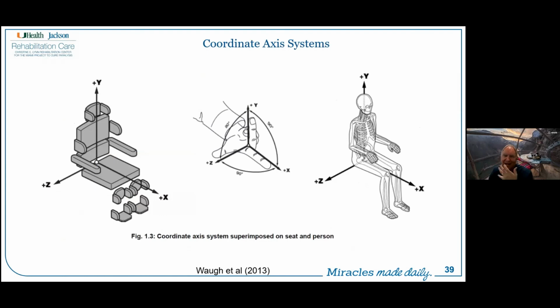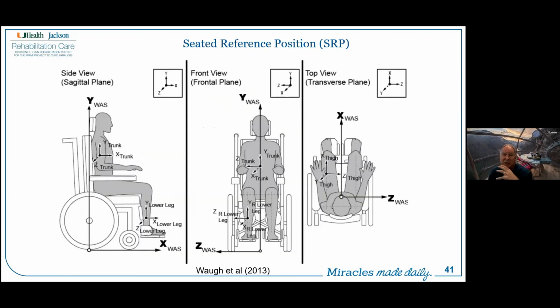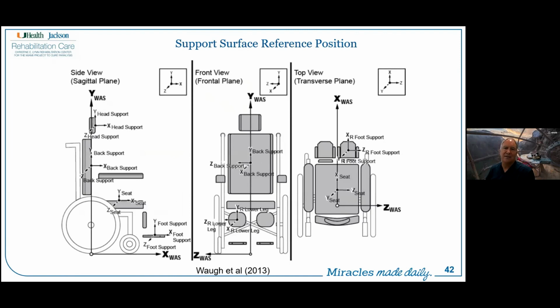It talks about the axis system so that we can speak appropriately about the different components of the chair. It includes the different measurement landmarks that are going to be necessary for our therapists to get the right chair measurements, because they're going to be taking the anatomical landmarks, using those to assign lengths and widths for the different components of the chair in the X, Y, and Z planes.